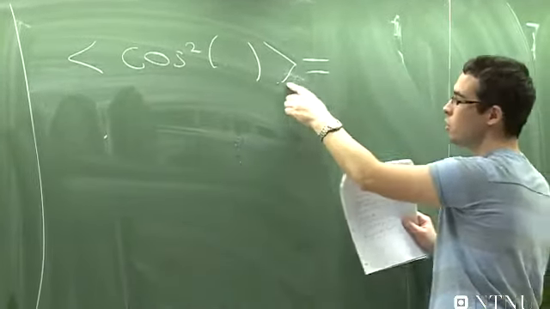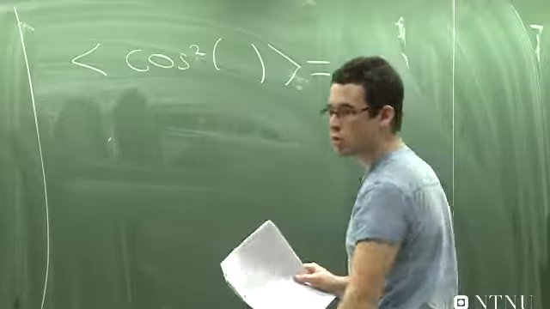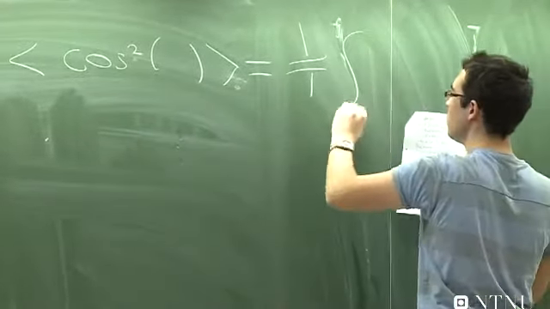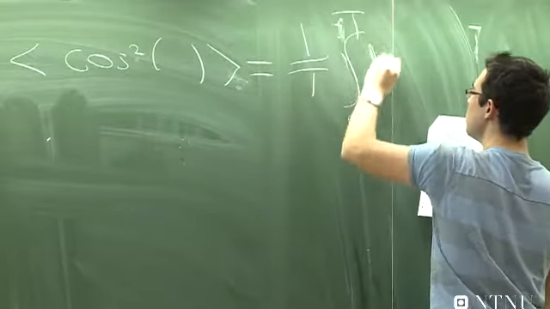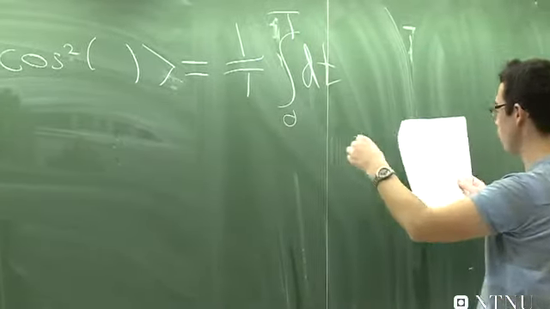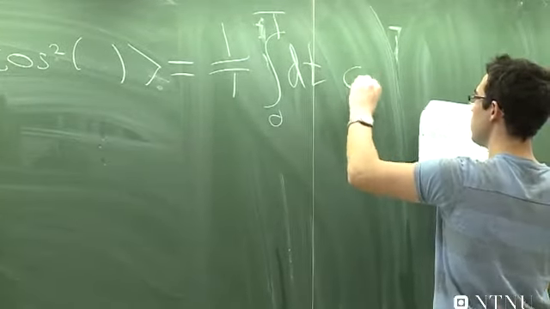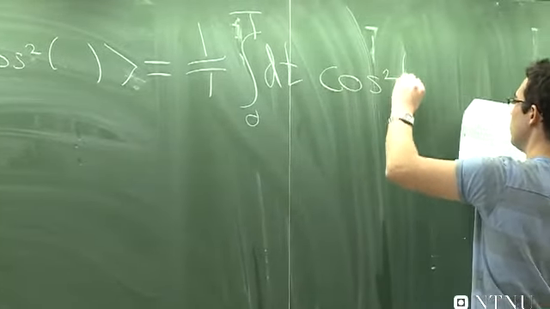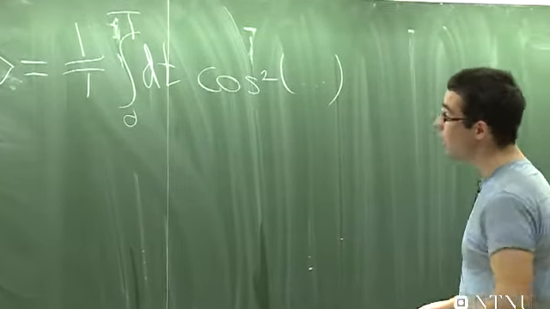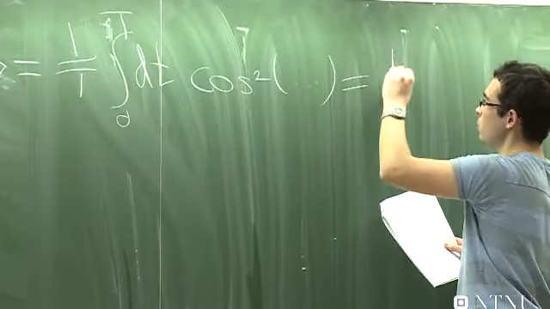The time average over cosine square is equal to 1 over the period, integrate from 0 to T, the period, and then cosine square of all the stuff that's inside there, which you know very well. And this is just a half.